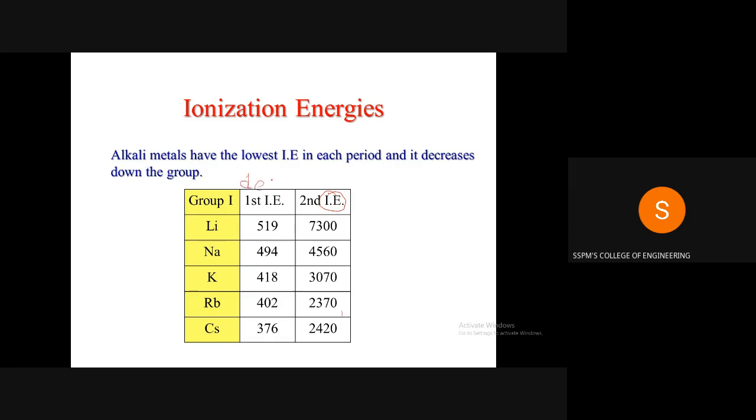First ionization energy decreases and second ionization energy increases. So it is opposite to first ionization energy.